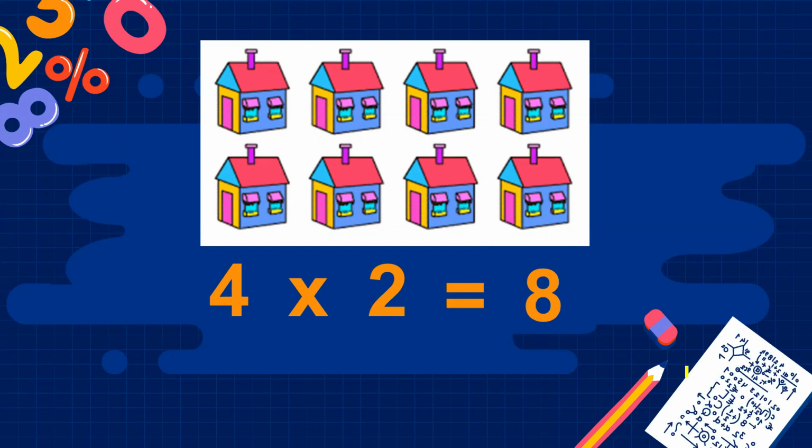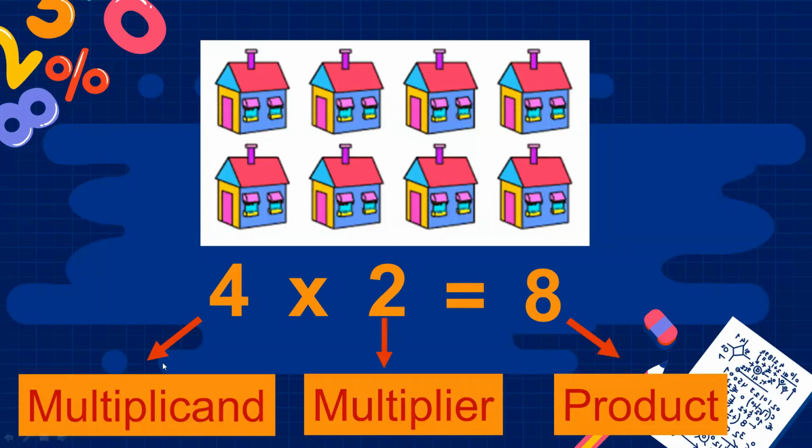Okay, so next, a multiplication sentence consists of at least 3 terms. We have 2 factors and the product. 4 is considered the multiplicand. Multiplicand is the number of objects in each group. So we have 1, 2, 3, 4. And 2 is the multiplier. So it is the number of groups.